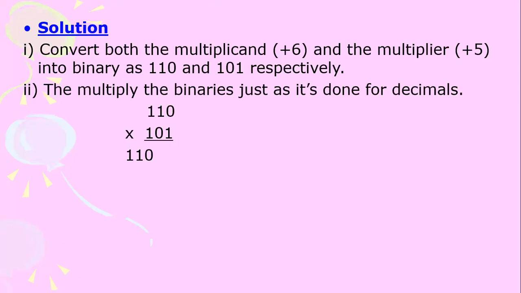So 110 times 1, we get 110. 110 times 0, we get 000. Then 110 times 1, we get 110. When we add them, we get 11110.